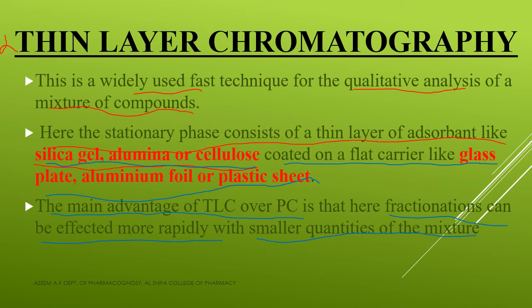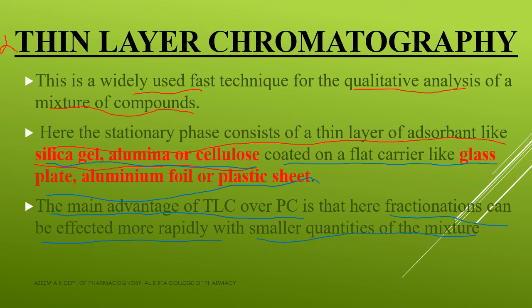But in thin layer chromatography, the fractionation can be affected more rapidly with comparatively smaller quantities of the sample or mixture. In paper chromatography the sample required is somewhat huge, but here only a very small amount of sample is required, and the fractionations can be affected more rapidly.